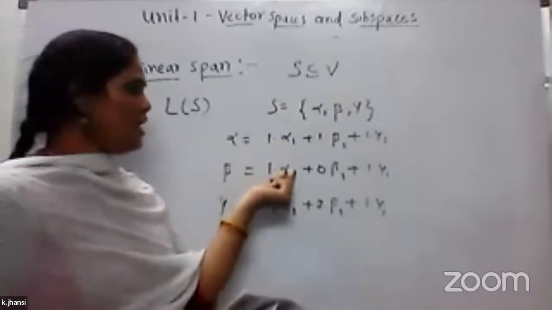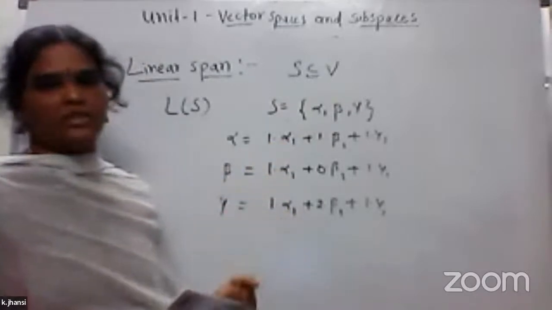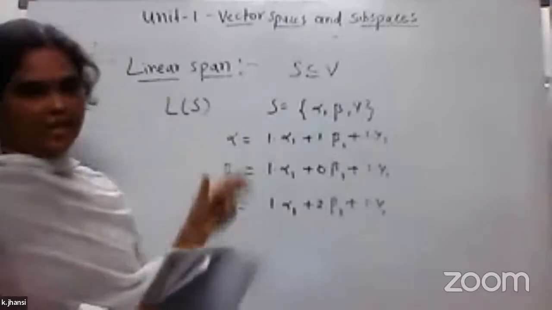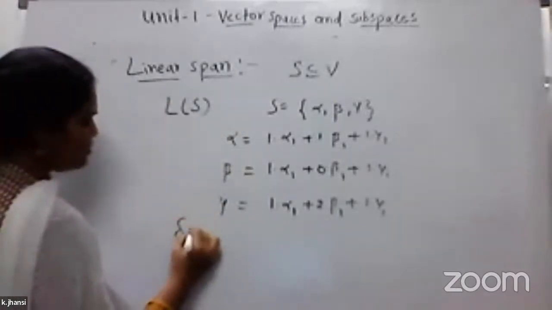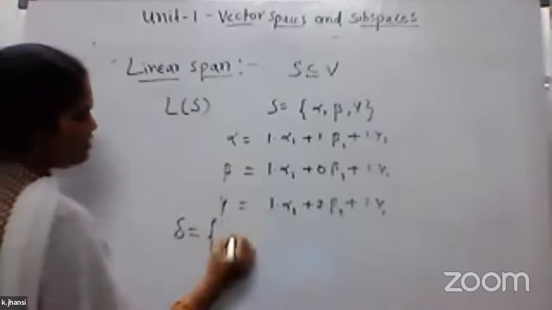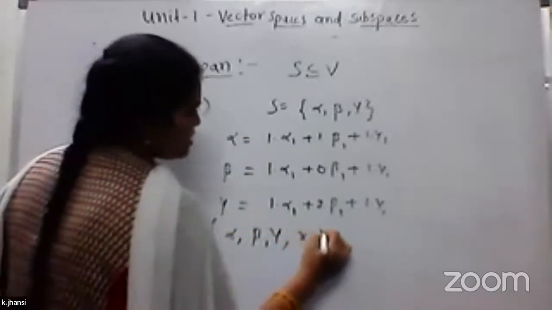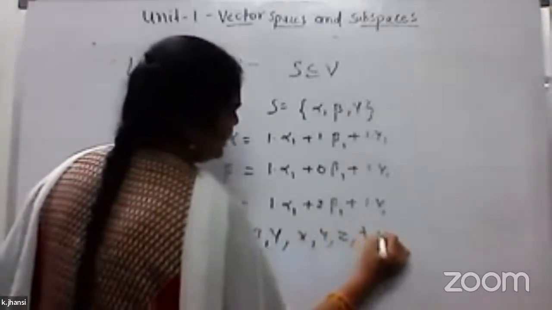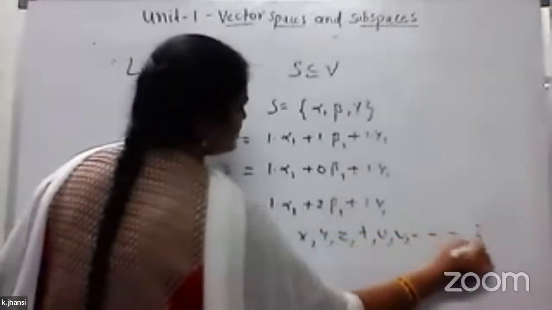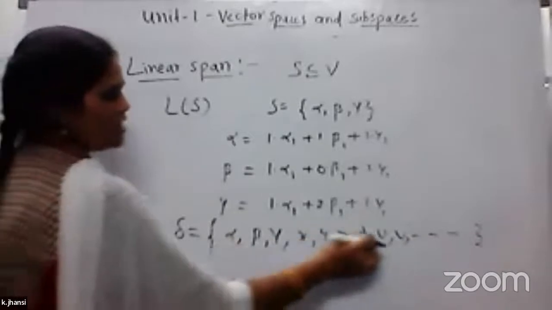If you put that infinite number of linear combinations in a set, call it delta. So delta equals alpha, beta, gamma, and you may have X, Y, Z, T, U, V, and so on. These are all the linear combinations.